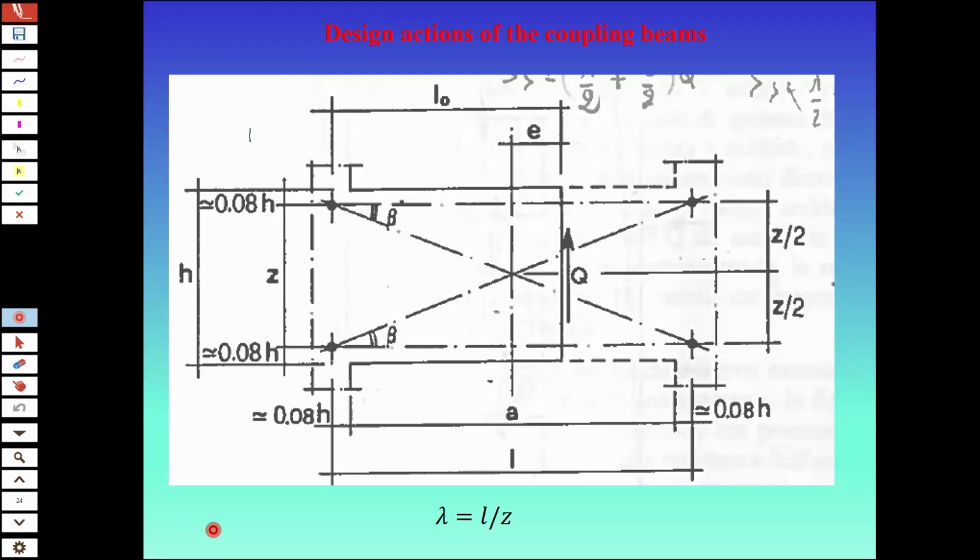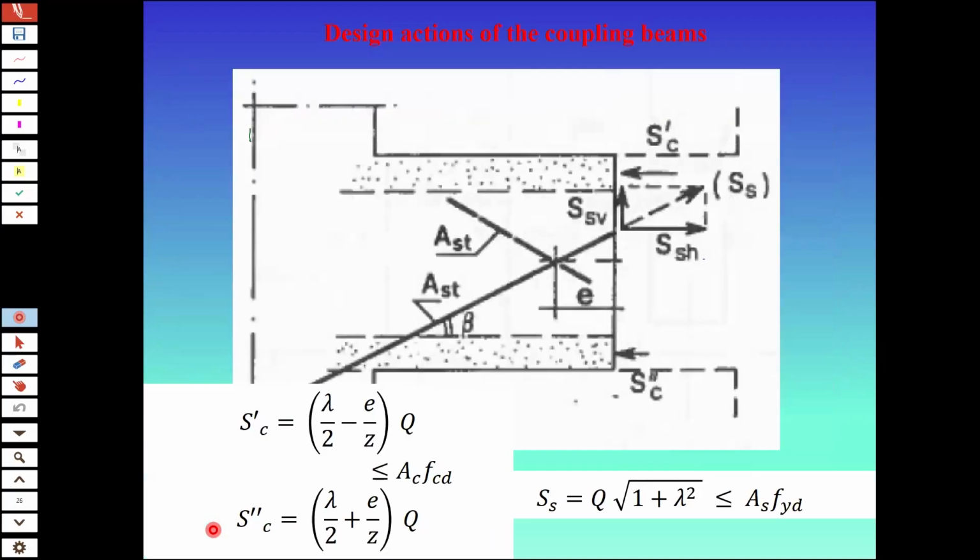So this is the geometrical slenderness of the coupling beam that we use. Now, this formula here, no need to memorize it. This comes from an equilibrium and from trigonometry.